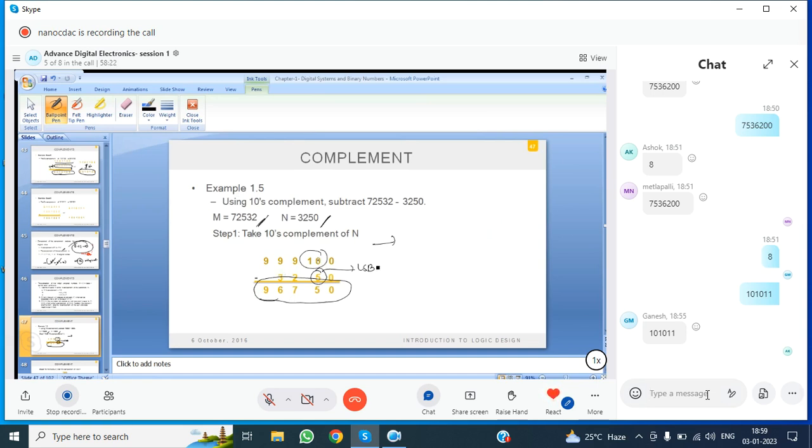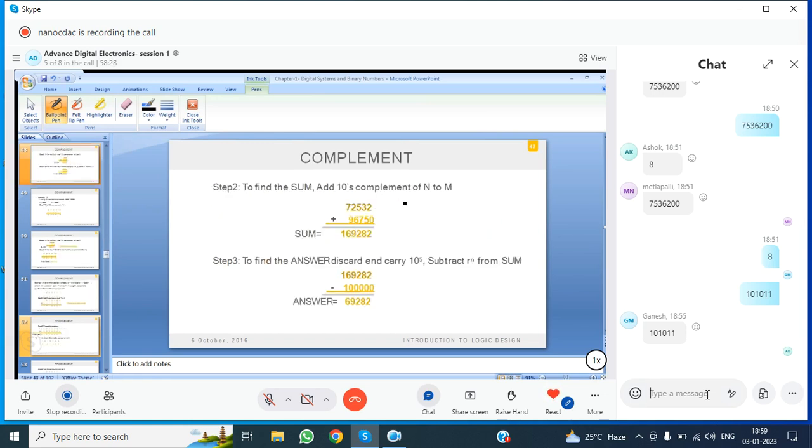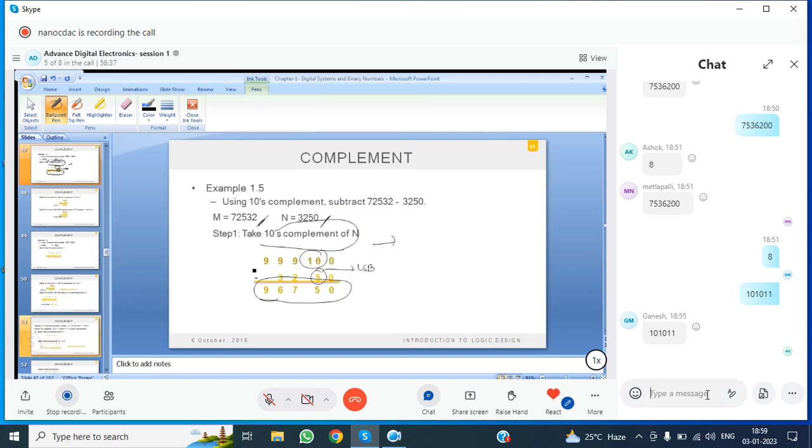So this is step 1. First is taking the tens complement of n. In the second step, to find the sum, you need to add the tens complement of n to m. It is the tens complement, 96750, that you are taking.